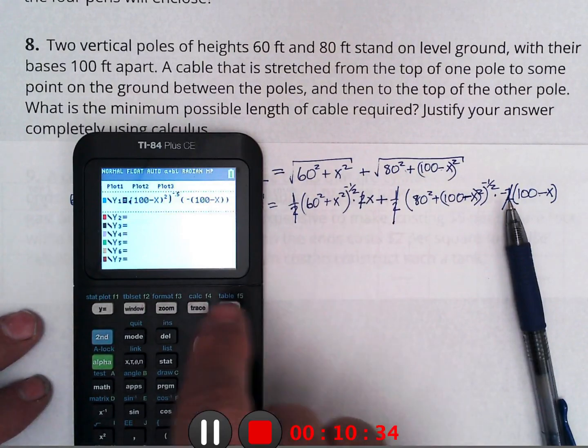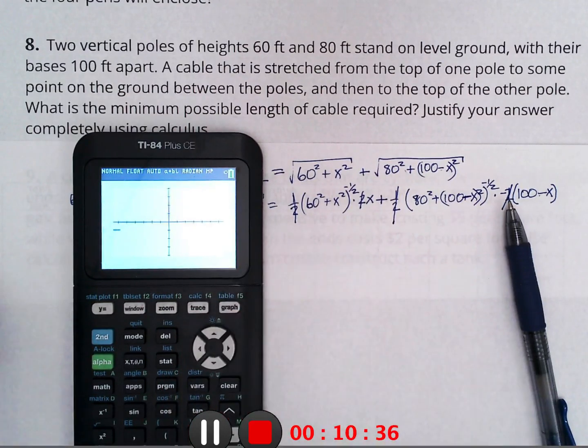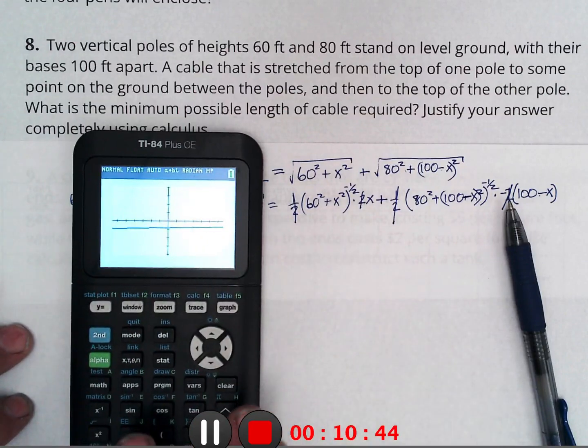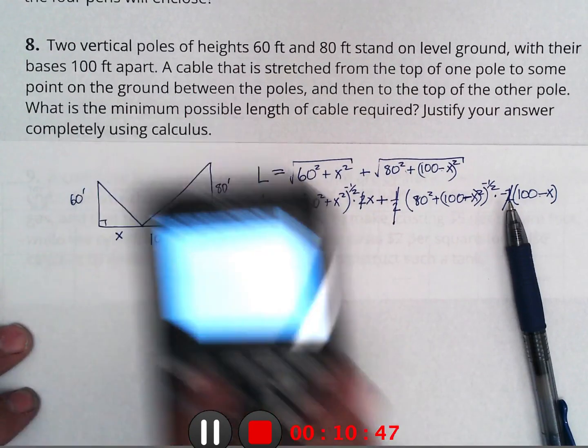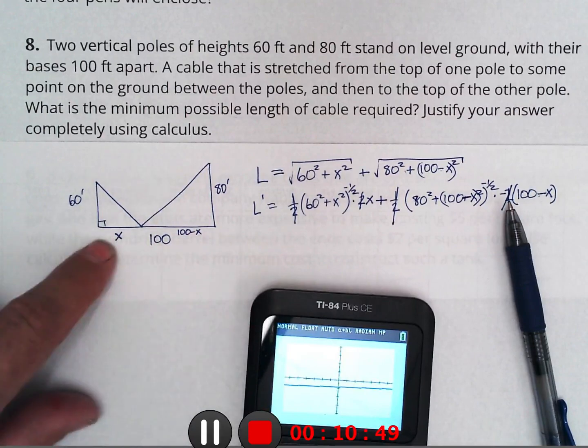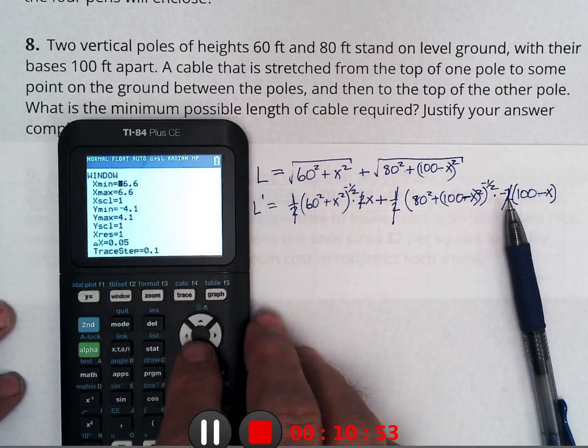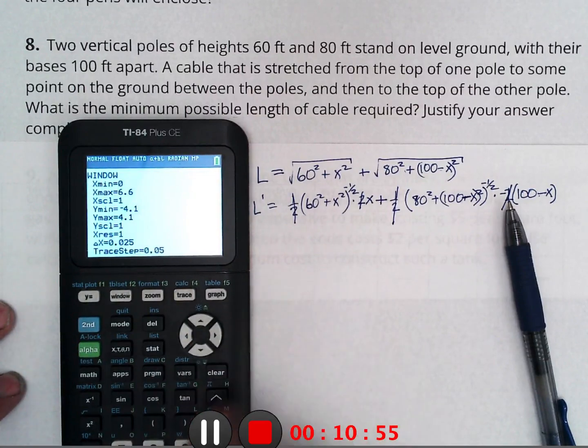Okay. So now I can push graph, and I want to know when it's 0. Looks like it's creeping up slowly, so I'm going to have to go out a long ways. X has got to be somewhere between 0 and 100, so I'm going to put in my window 0 to 100.